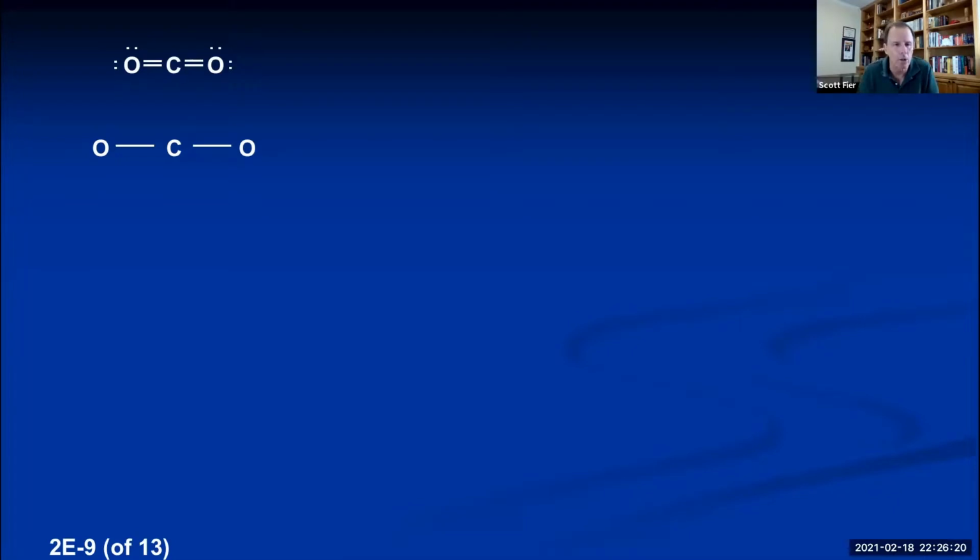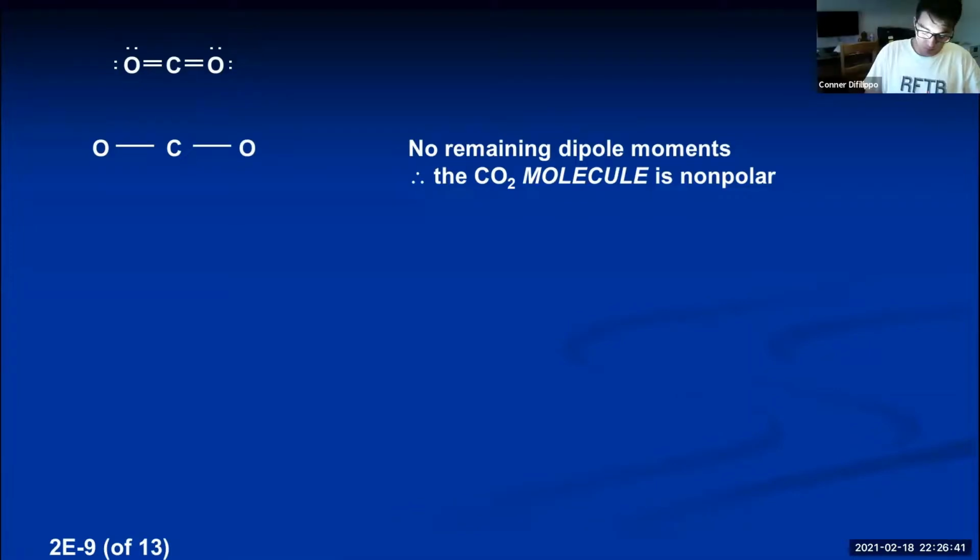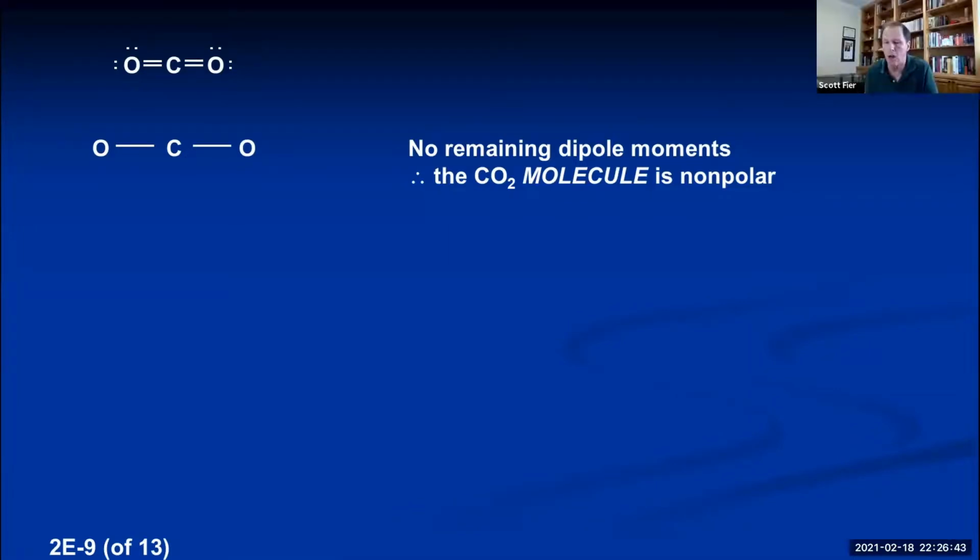Now you look at the molecule. If you have dipole moments left over, it's a polar molecule. But if you don't have any dipole moments left over, that means the electrons are staying perfectly evenly symmetrically arranged around all the atoms, and we would call that a non-polar molecule. Okay. So with no remaining dipole moments, we conclude the CO2 molecule is nonpolar.